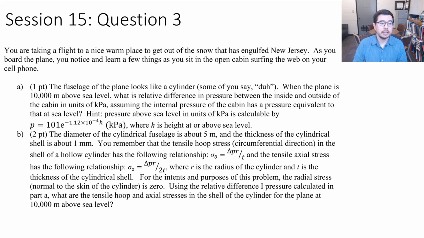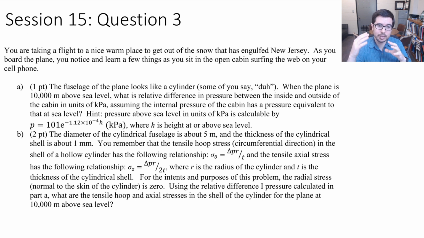Question 3 is I think kind of a fun one, but maybe you won't think it's that fun. We have a fuselage for an airplane, and that's something you can approximate as a cylindrical pressure vessel. When the airplane goes up in the air, it actually doesn't keep the internal cabin pressure exactly.